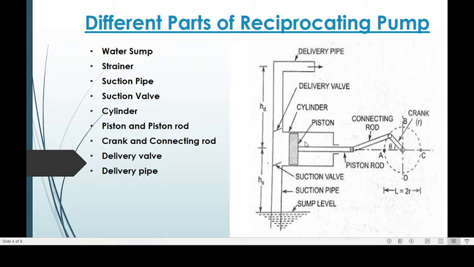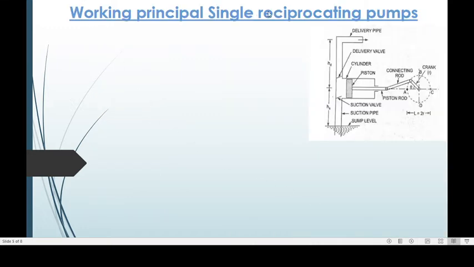And the delivery valve, once again, is a non-return valve, and it opens during the discharge, when the suction valve is closed, and the water is discharged from the delivery valve to your delivery pipe. So next is the working principle of a single acting reciprocating pump.